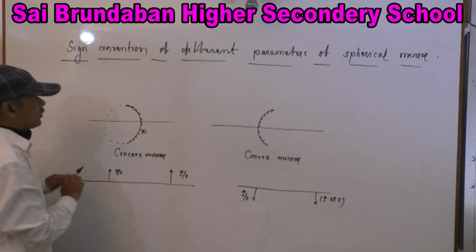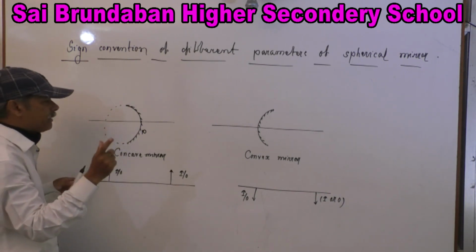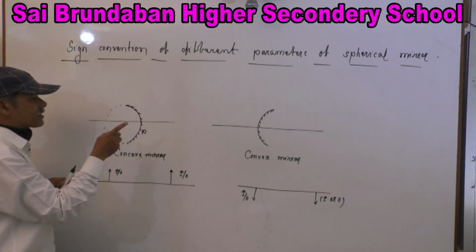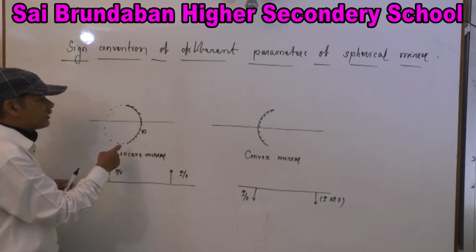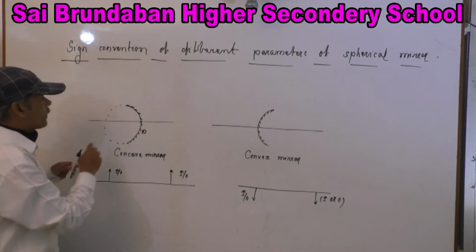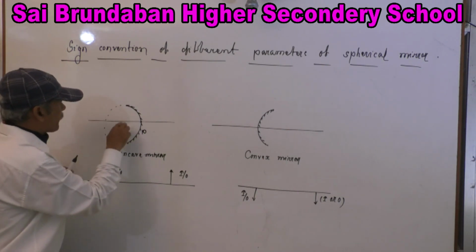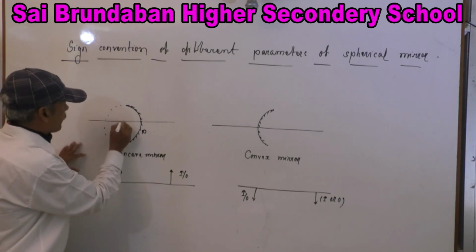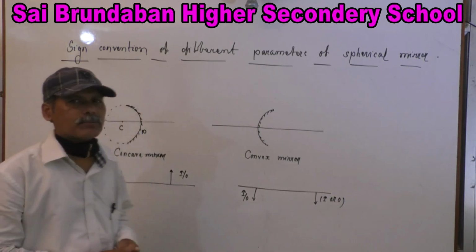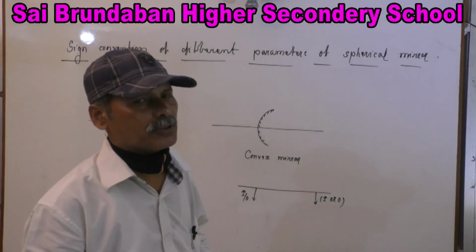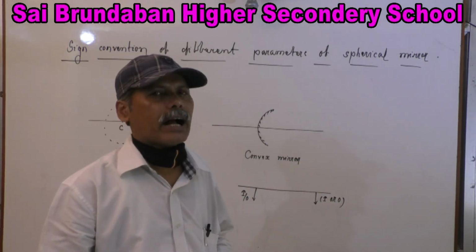Approximately, the center of curvature of this concave mirror may be at this point. It is an approximation. I am not using the scale or the compass, but I am maintaining accuracy.